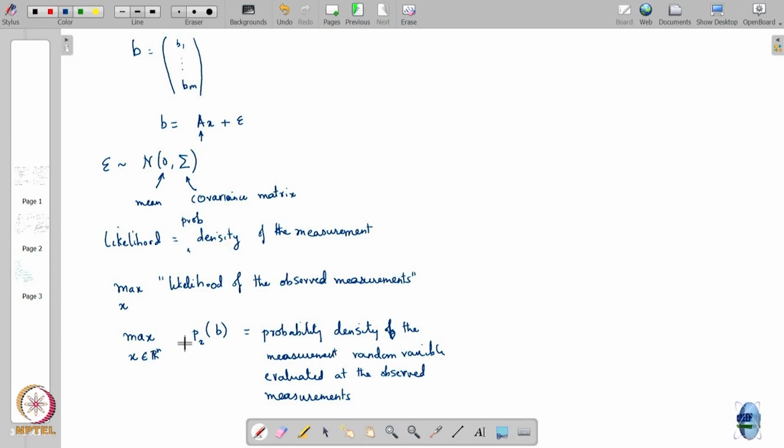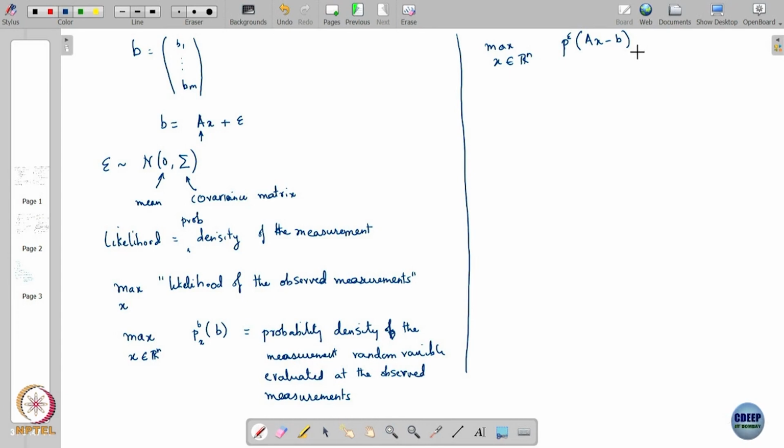Let's take this forward. So, this P_x of b can be written in a different way, where I maximize over x in R^n the probability density of epsilon evaluated at Ax minus b.